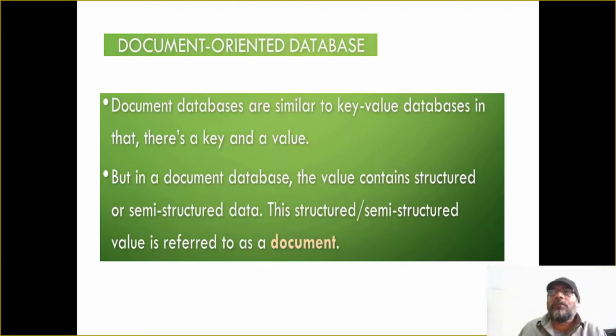But analogously, you can compare these two. But in a document database, the value contains structured or semi-structured data. This structured semi-structured value is referred to as a document. So here the document can be semi-structured data.